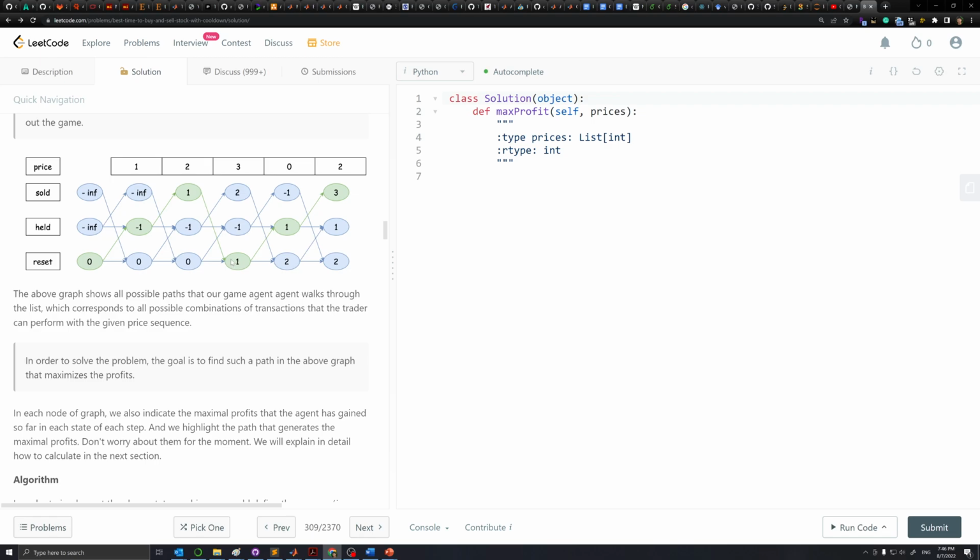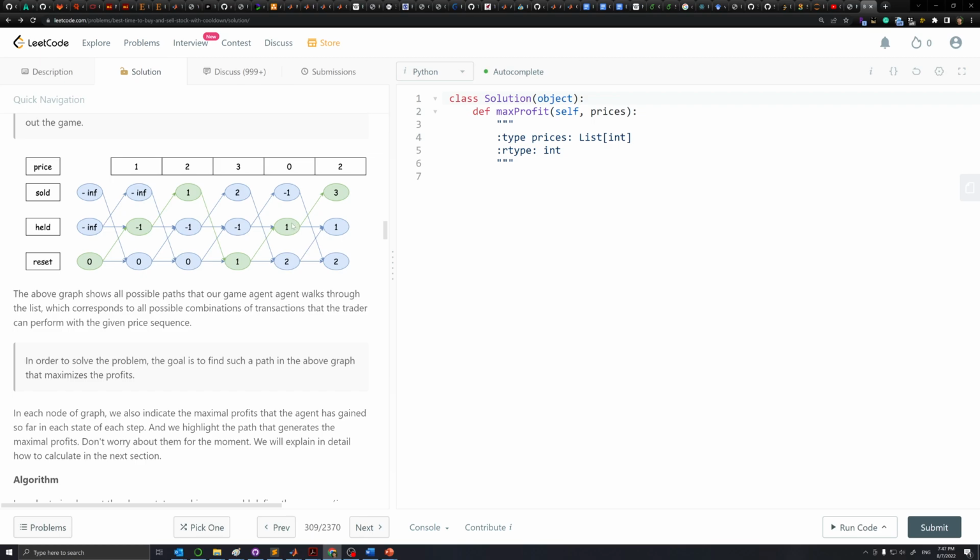We sold it at day one. So now on day number two, we have to do the cooldown. And then we can only start buying on day three.